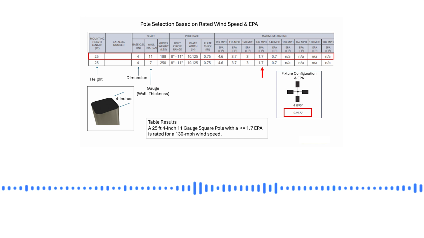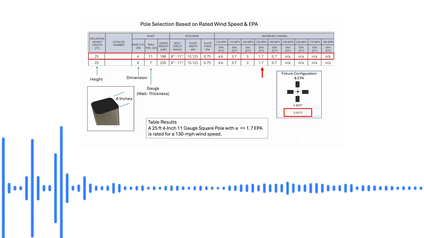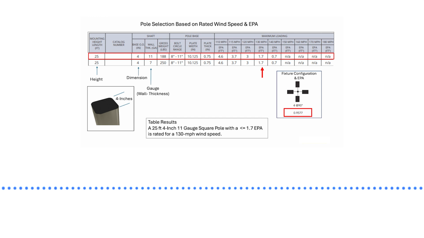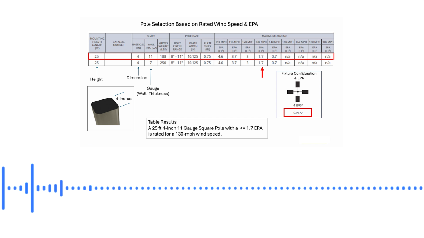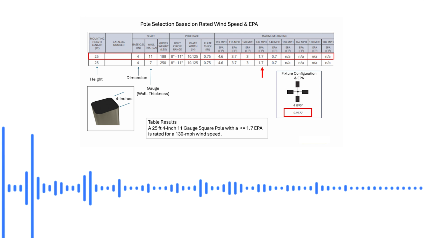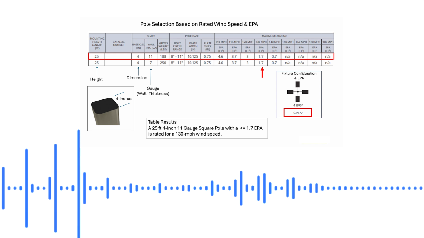Once we know the height, the number of lights per pole, and the EPA, what you would do is go to the manufacturer's table, which relates pole height, and since you know the EPA, you determine the wall thickness or the gauge, and the diameter or the square.